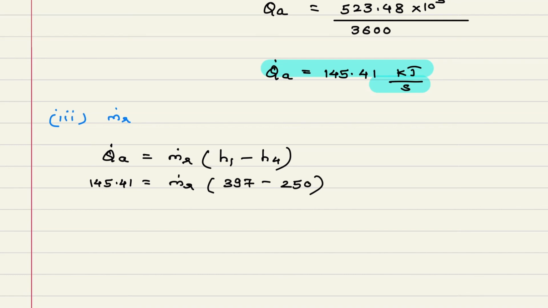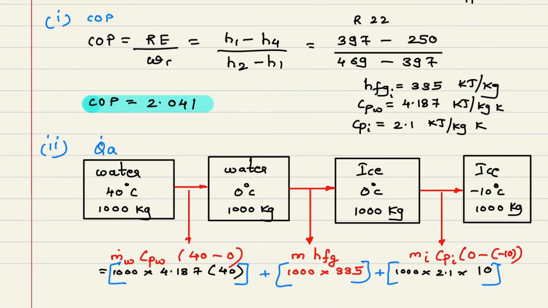From here I can calculate M dot R, which is equal to 0.9891 kg per second. So if this mass flow rate of refrigerant is maintained, understand the meaning of that mass flow rate.